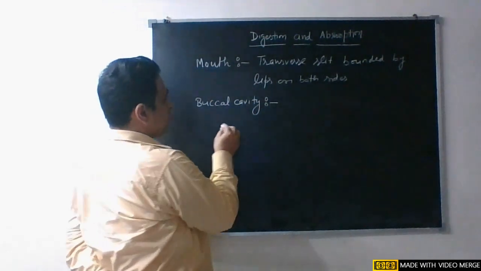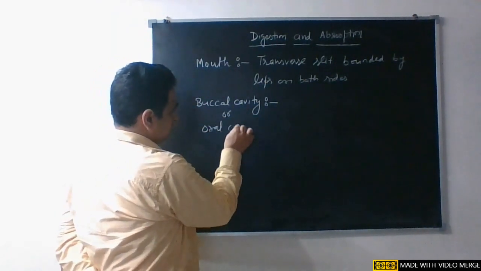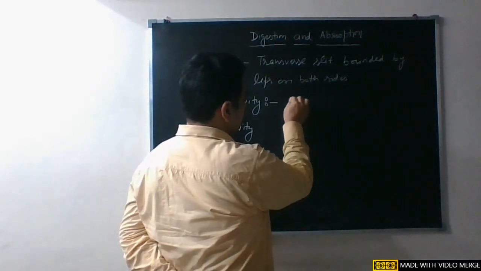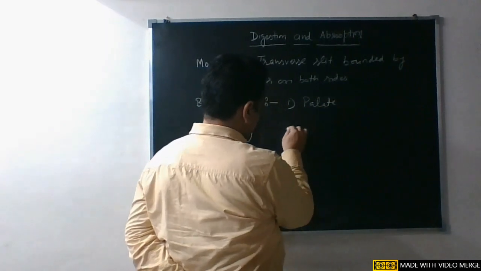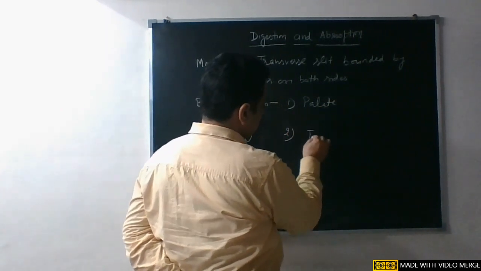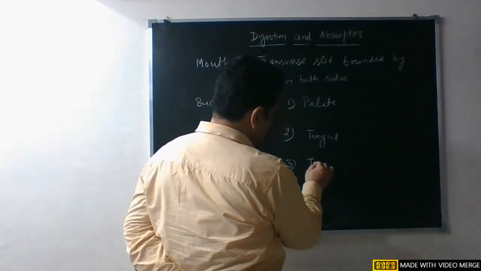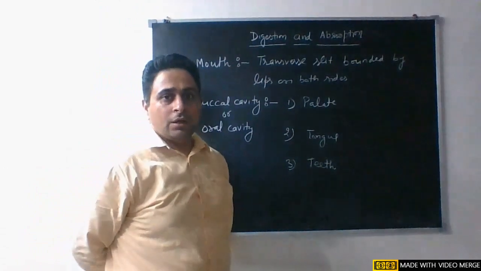Buccal cavity is also called the oral cavity. So, the buccal cavity contains, students, some structures such as the palate, then second, the tongue, and third, the teeth. We will discuss these one by one.